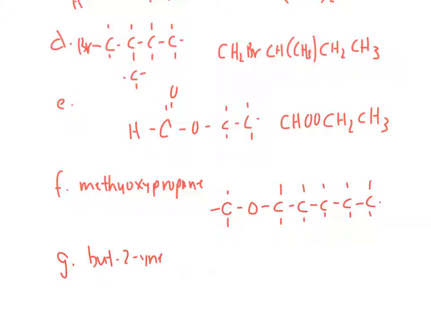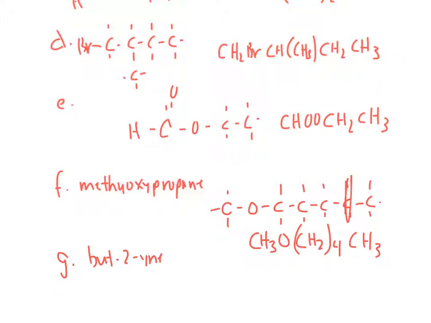So the condensed structural formula for this would be CH3O, CH2 4 times, CH3. I'm sorry, I've got too many. Propane, I was thinking pentane for some reason.